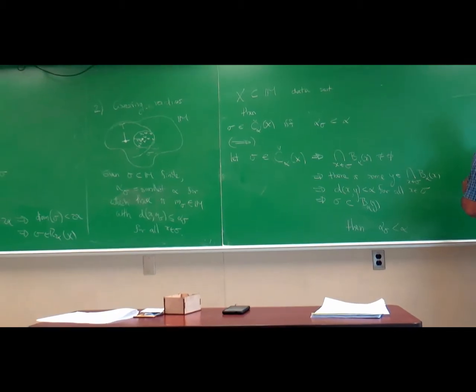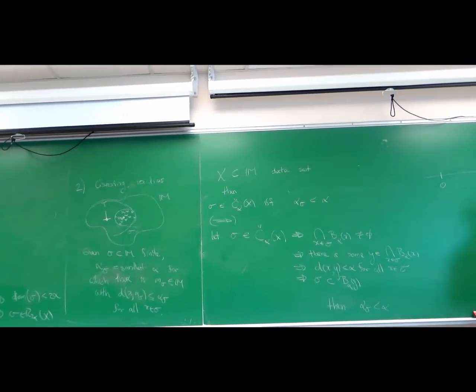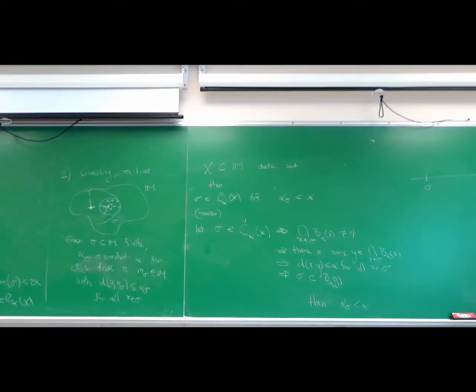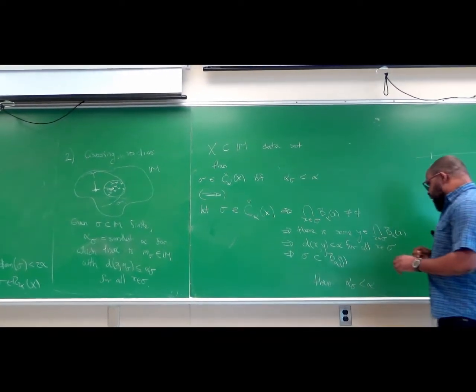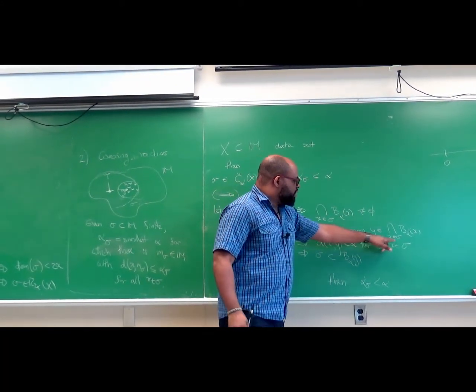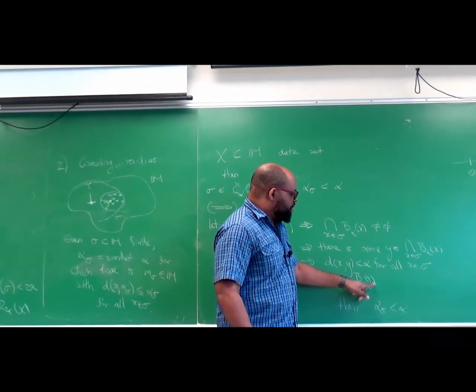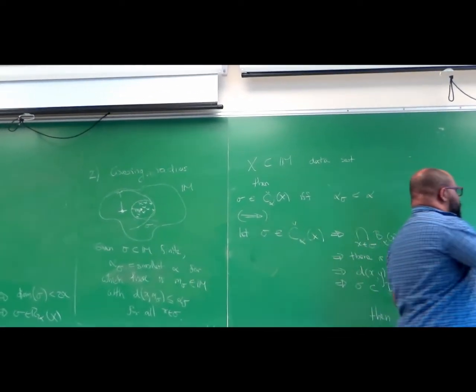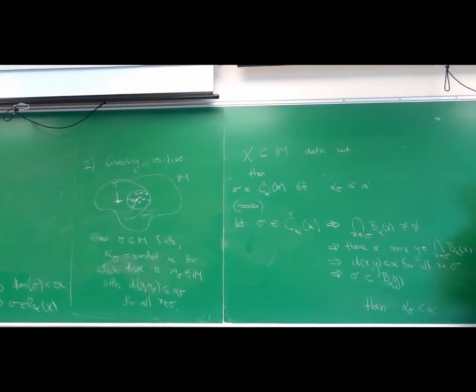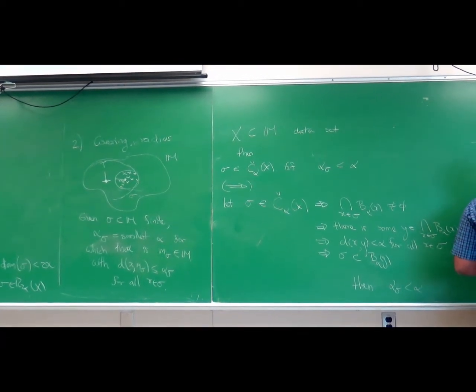Okay, so here, let's say 0, and say that here is alpha. Then when you take a point x in sigma, its distance to this y that we found is less than alpha, right? So for x in sigma, maybe the distance is here.